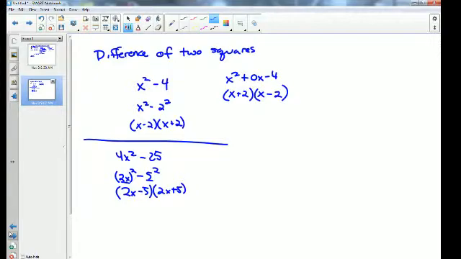Good? Okay. Try this one. Can I write this as a squared?